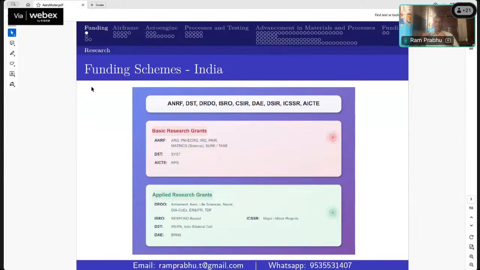Expected TRL levels, technology readiness levels, are probably more than 3 in these funding modes. In these funding modes, either they give you the thrust area or they give you standalone problem statements to solve.